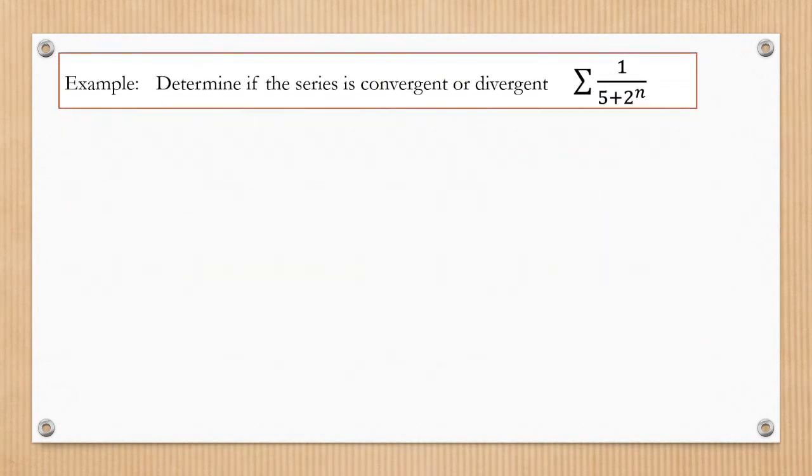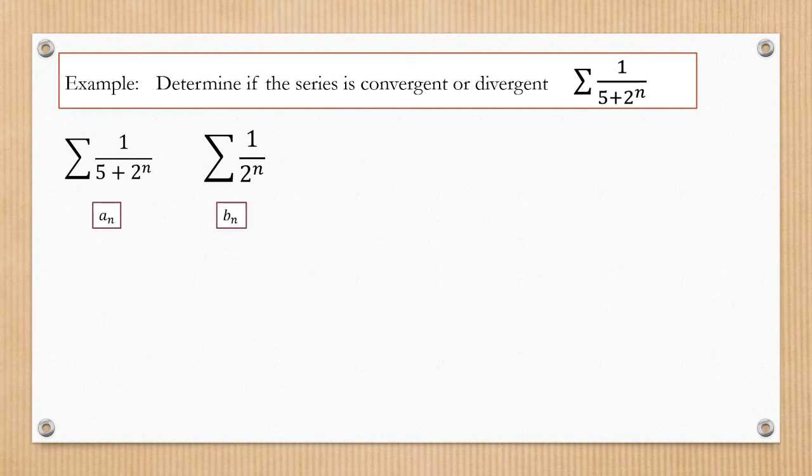Here is an example. Determine if the series is convergent or divergent, given the series 1 over 5 plus 2 raised to n. We take the given series 1 over 5 plus 2 raised to n to be our An, and the series 1 over 2 raised to n to be our Bn. We got it from the given series, but we just removed the insignificant number 5.